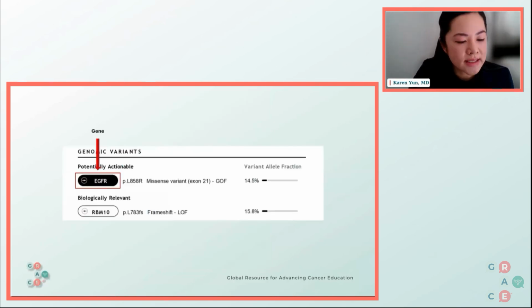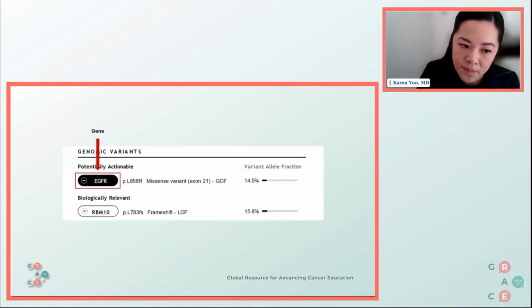Going into a little more detail about the actionable mutations that are reported. So when we're looking at the report here, this is indicating that EGFR is the gene that is mutated. But EGFR is just referring to the gene, and it gets very specific because there are different types of alterations even within the EGFR gene.